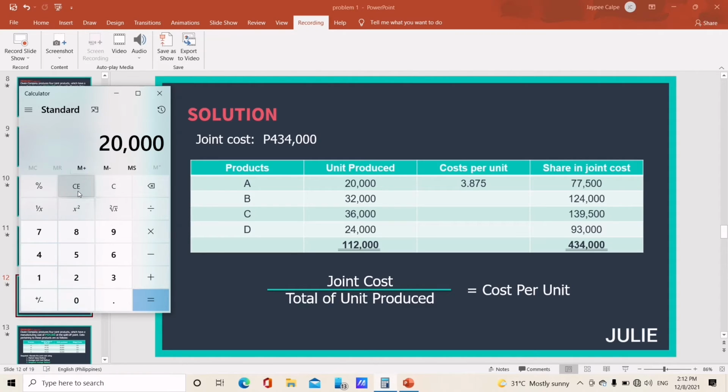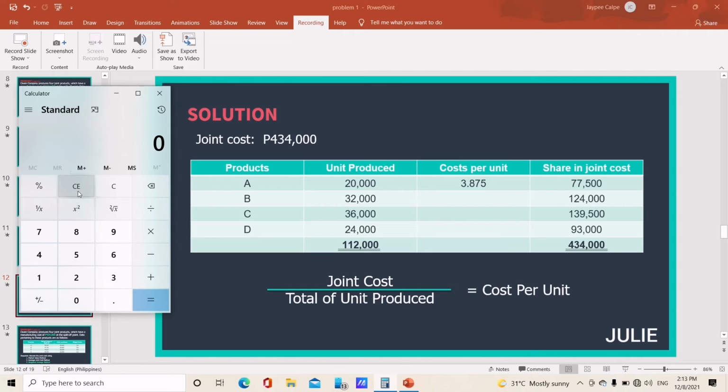To check if our allocation is correct, we will multiply it by the units produced. So 20,000 multiplied by 3.875, we have 77,500. 32,000 multiplied by 3.875, we have 124,000. 36,000 multiplied by 3.875, we have 139,500, and 24,000 multiplied by 3.875, we have 93,000.